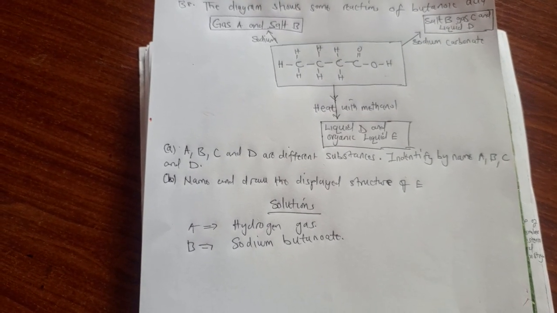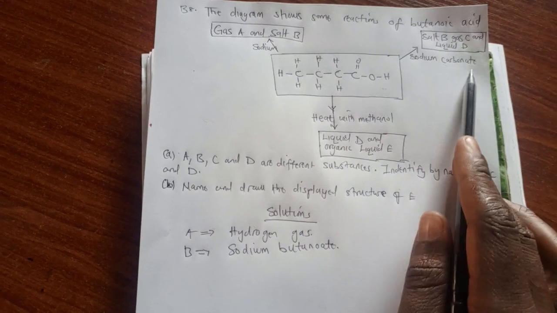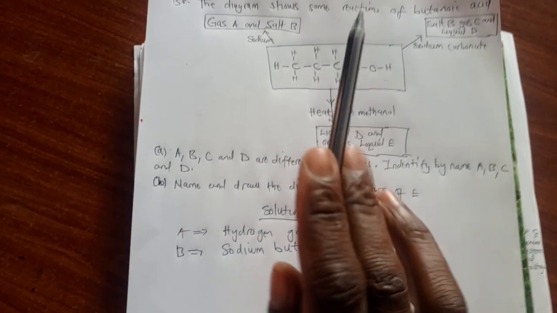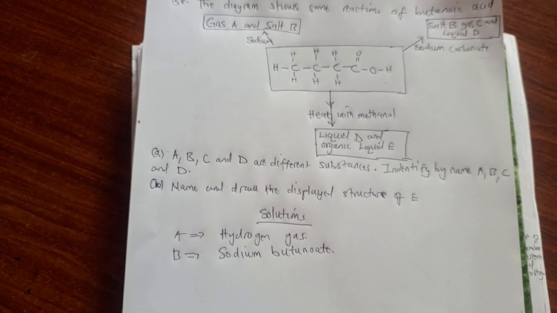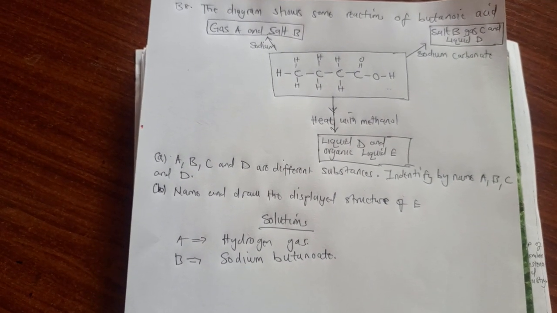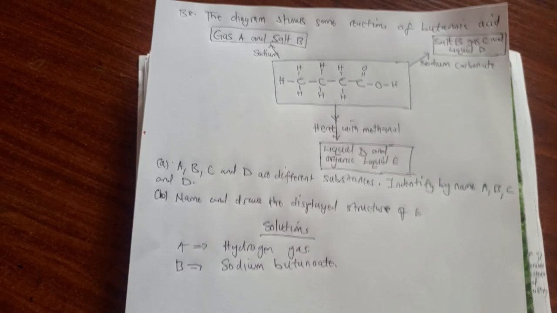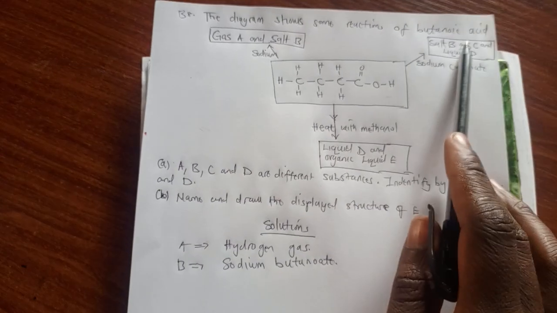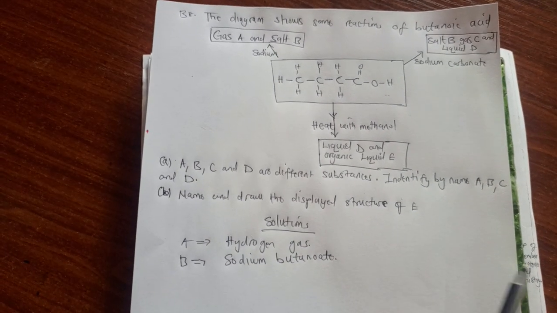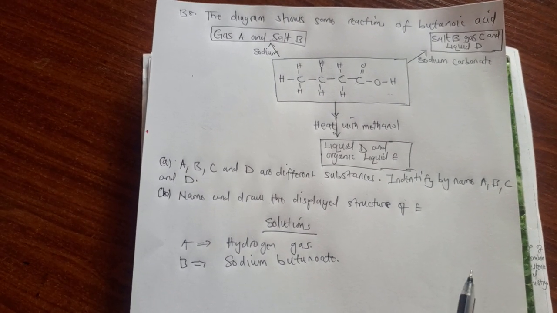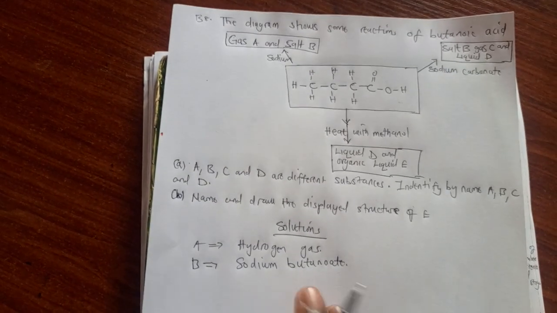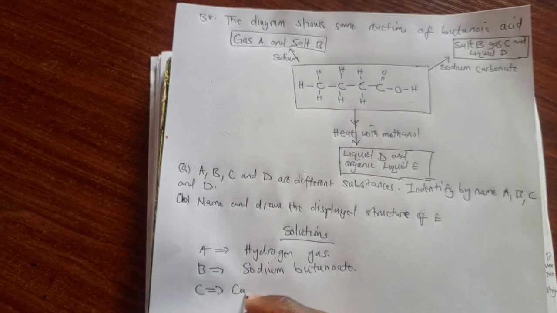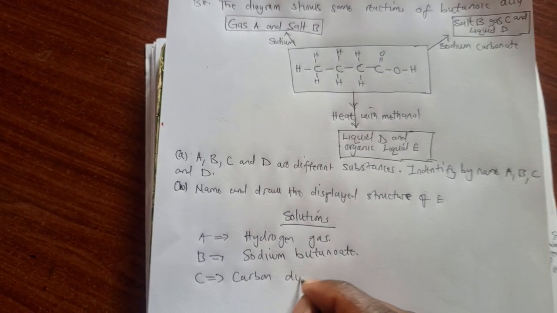So sodium carbonate, as it reacts with the acid, butanoic acid, produces a gas known as carbon dioxide. Salt B we know is the same as before. Gas C is carbon dioxide, whenever a carbonate is used in a chemical reaction. So C is carbon dioxide.